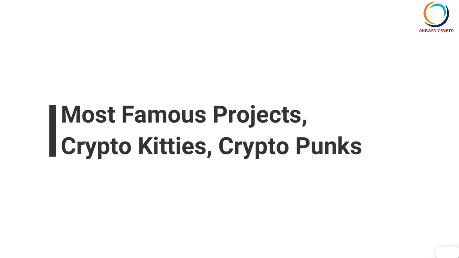NFTs contain a Unit 256 variable known as token ID, which must be unique for every ERC 721 contract, along with a contract address. This token ID could be used as an input in a converter, which would be to get the outputs such as a weapon in games or kittens in the CryptoKitties game.